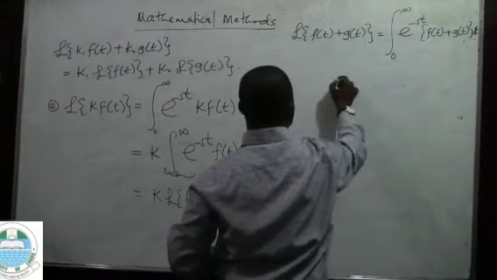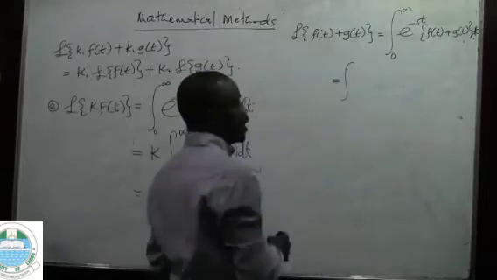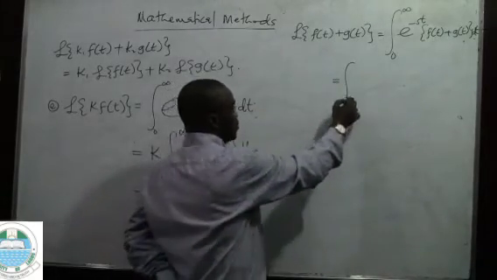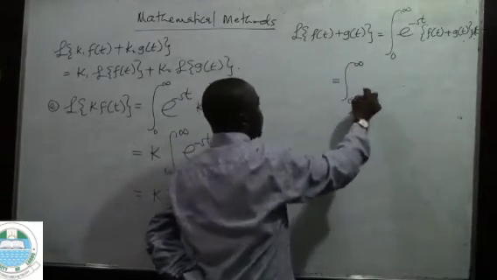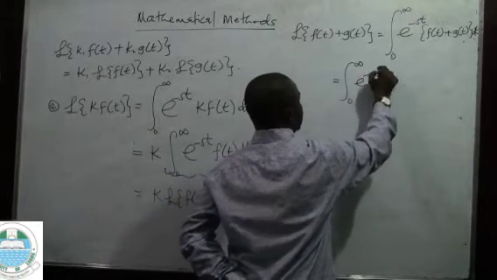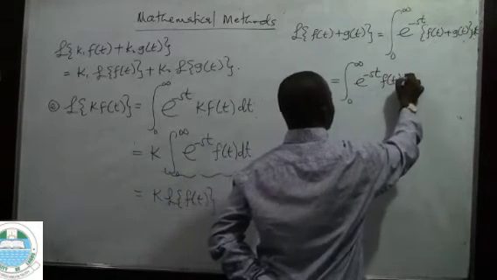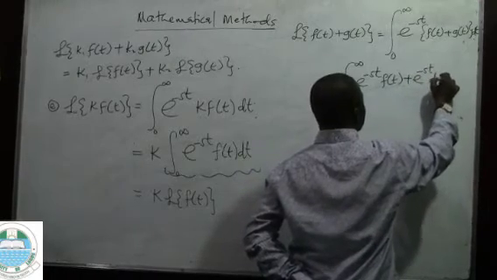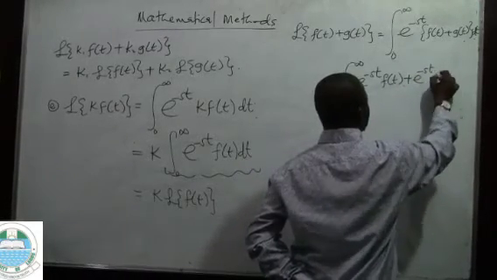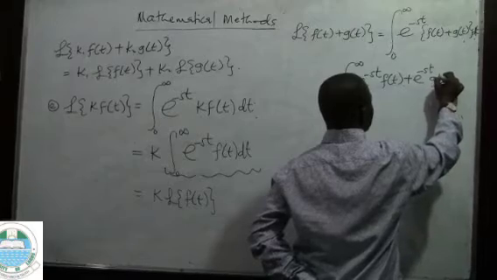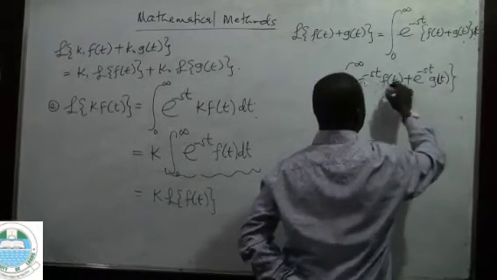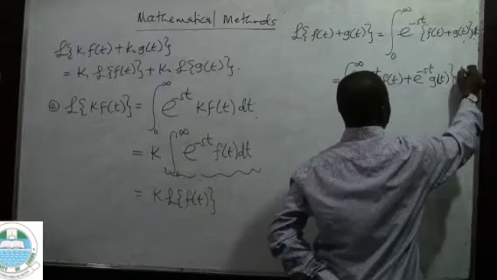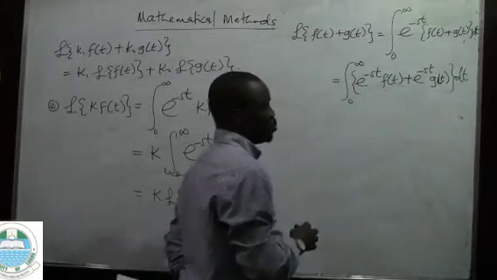We can open that bracket and have the integral from 0 to infinity of e raised to minus st f of t plus e raised to minus st g of t, everything now dt. So the two of them can be separated.